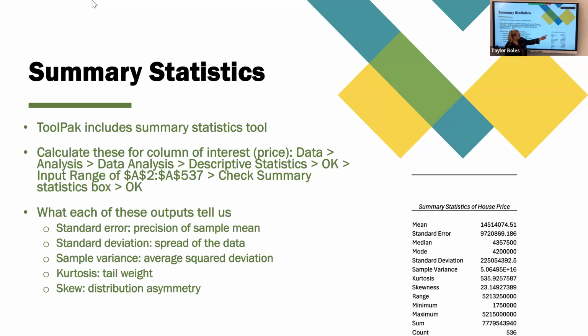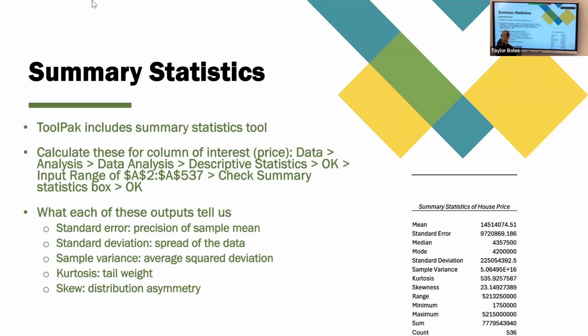I figured most of us know what the mean is, it's the average. And then I put some definitions of what some of the other lesser known terms might be. But median is the middle. So if you were to order all the numbers in order, median is the middle, mode is the most common, most frequent value.